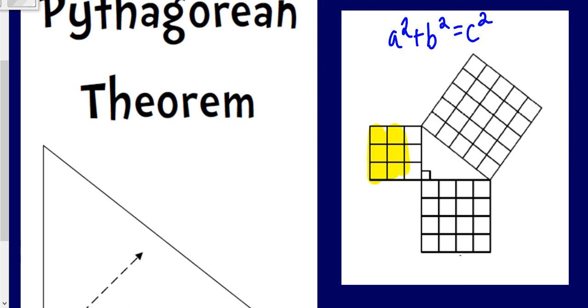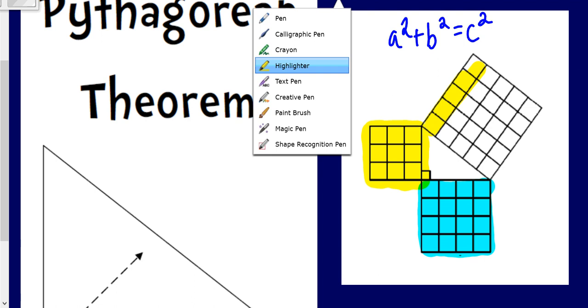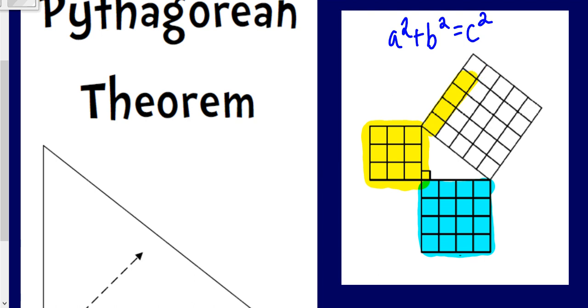So we learned that the area of the square of the leg of a right triangle plus the area of the square of the second leg of a right triangle, when added together, the sum will equal the area of the larger square.